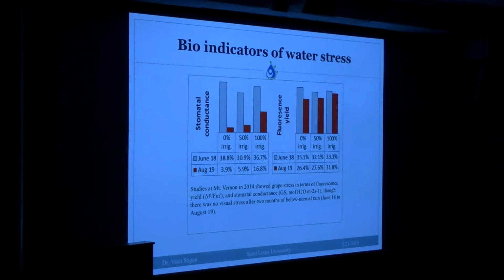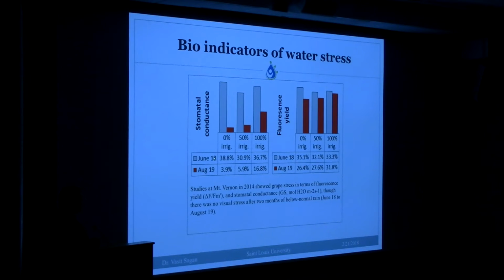So this is the first step. We establish metrics that can tell us what's happening to plants, and then second, how we can estimate that from various sensors, ground and satellites. So this is our field measured data, actually, again in open agricultural systems, and the change in stomatal conductance.